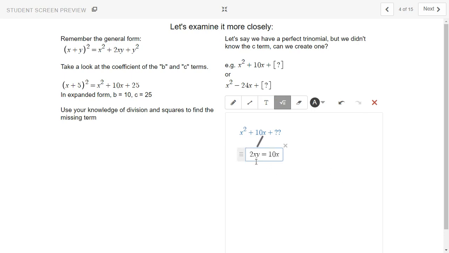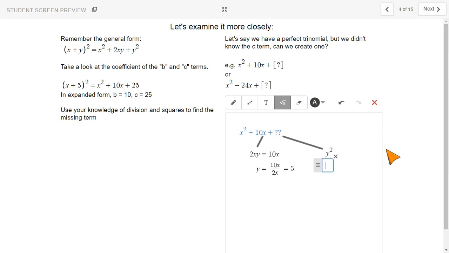I could rearrange this and use algebra to find out what my y term is. So I have y is equal to 10x divided by 2x. Y is equal to 5. Now, as a result, I know that my last term has to be y squared based on my original equation.